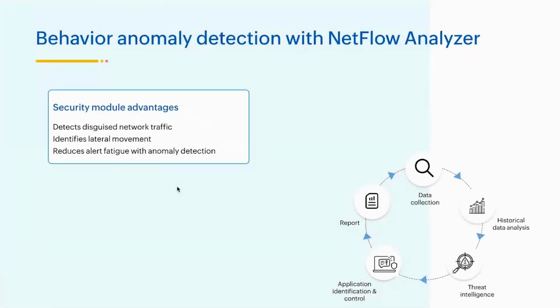NetFlow Analyzer follows a 5-step process in detecting anomalies. In the discovery stage, it collects NetFlow data from the interfaces. Then, the second step is detecting anomalies by comparing current traffic patterns with historical baselines.